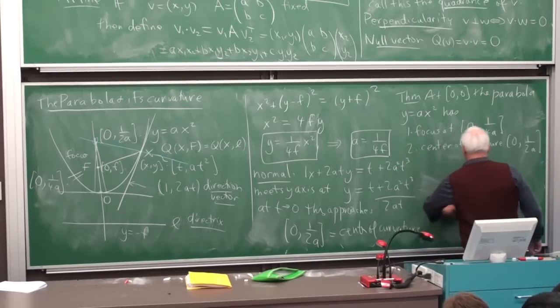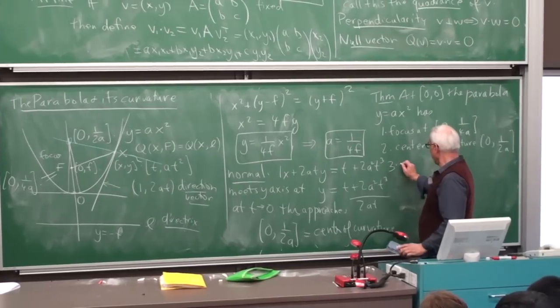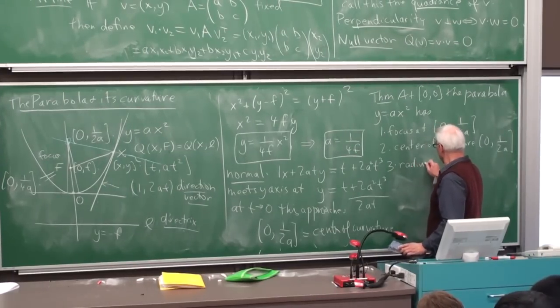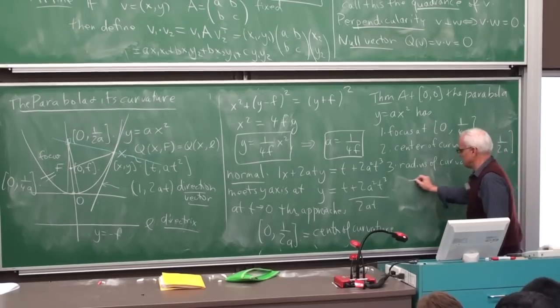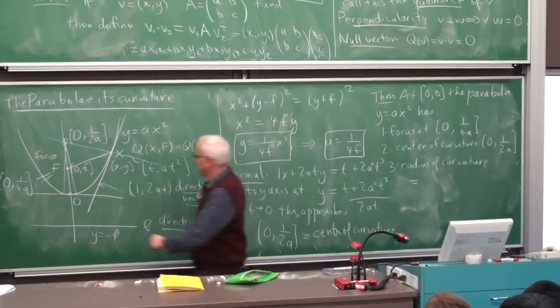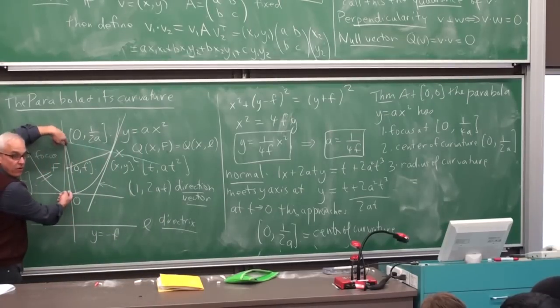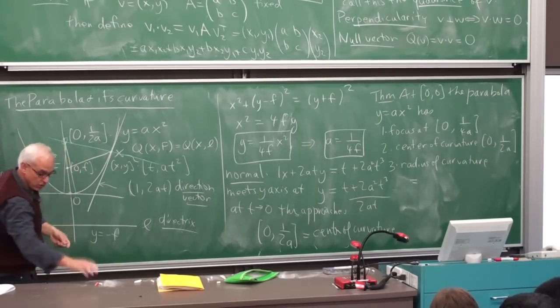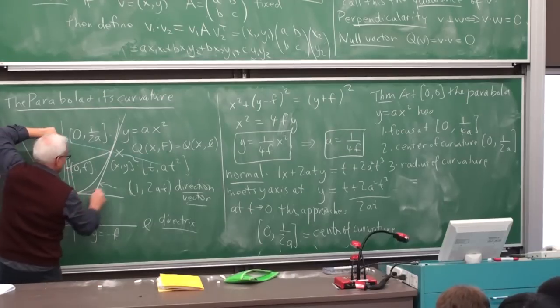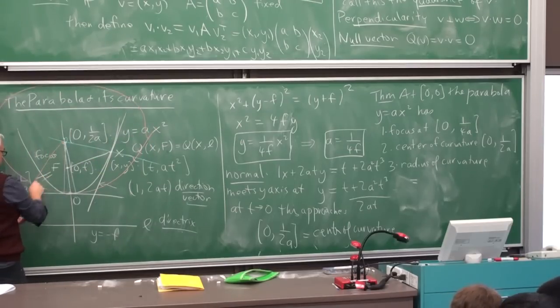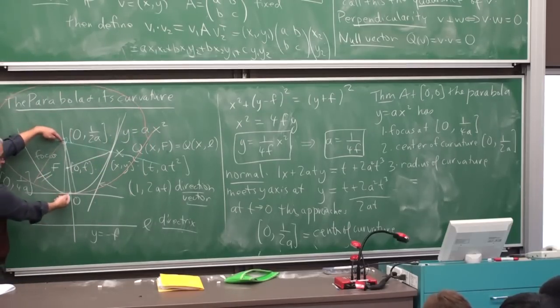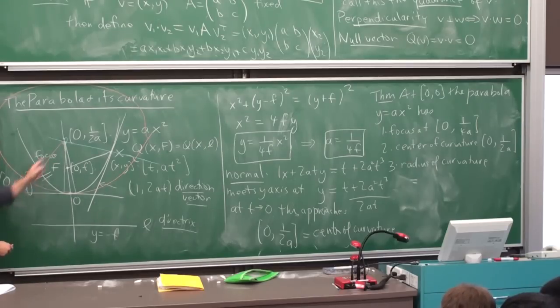And then it's usual to define the radius of curvature to be just the displacement between the vertex and the center of curvature. So there's a circle centered here. It's the circle of curvature, and its radius will just be this quantity here, 1 over 2a, because that's the coordinate.